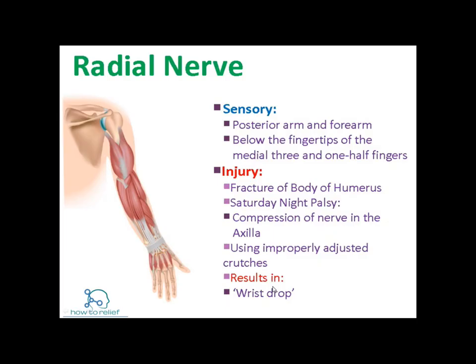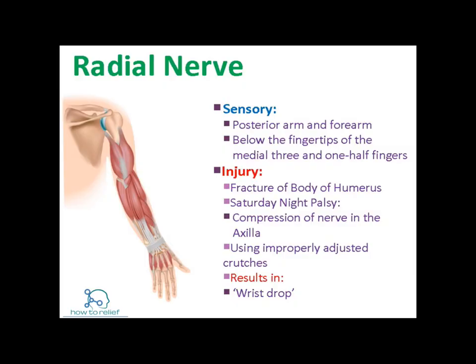Here is a summary of the sensory supply of the radial nerve. It supplies the posterior arm and forearm, and also the back of the lateral 3 and 1/2 fingers. I have a picture of that sensory supply. If you consider that's the back surface of the arm, the radial nerve supplies that area, and also the back surface of the forearm, and the thumb, the index, the middle, and the lateral half of the ring finger.